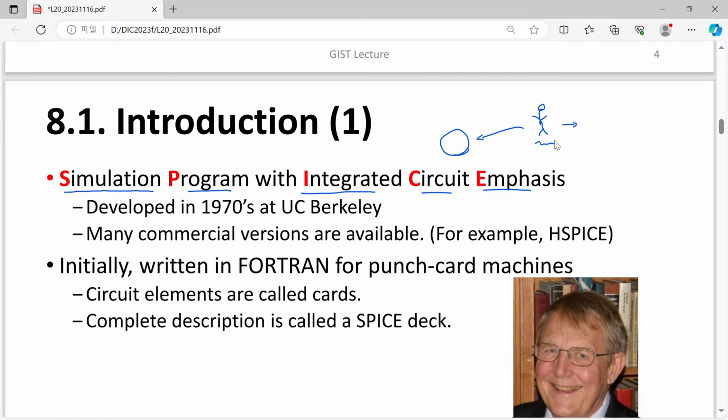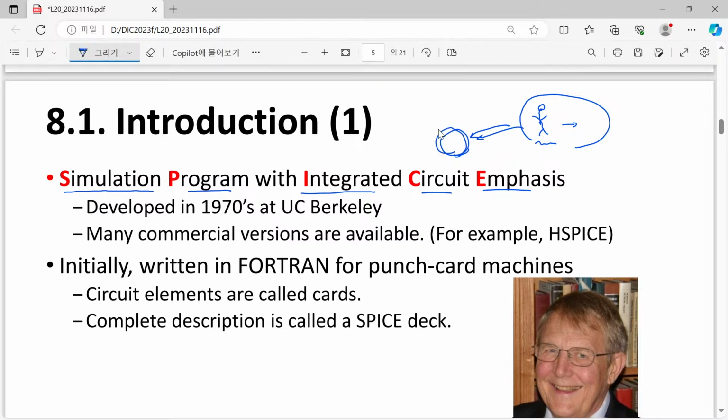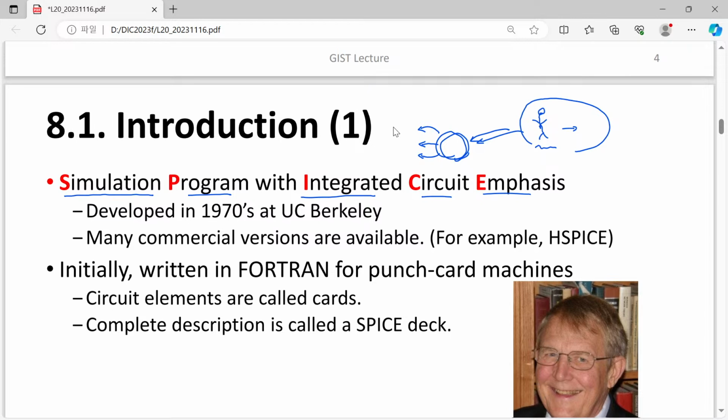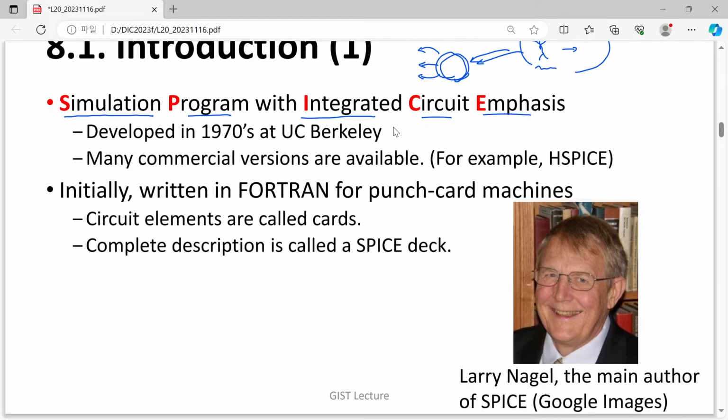I have no idea which force was involved, but anyway, that was a military contract. So he came to UC Berkeley and gave a term project to his student: please make an open source version or license free version of my program. Several students tried, but only one actually succeeded, and it was SPICE.